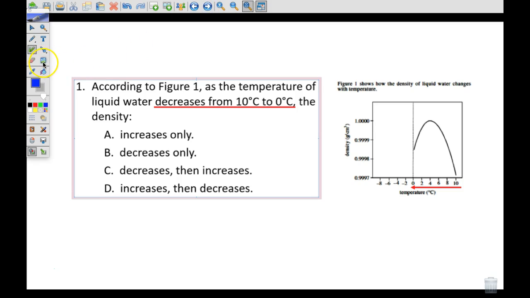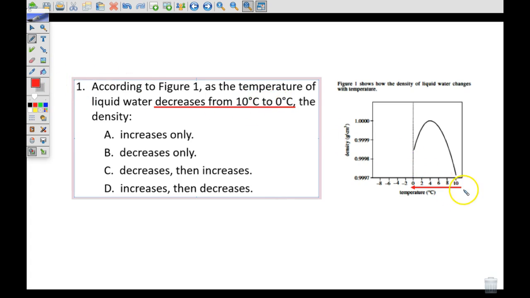In our first question, it asks, according to figure 1, as the temperature of the liquid water decreases from 10 degrees Celsius to 0 degrees Celsius, the density does what? So the big part of this question is that the temperature is decreasing from 10 degrees to 0 degrees.